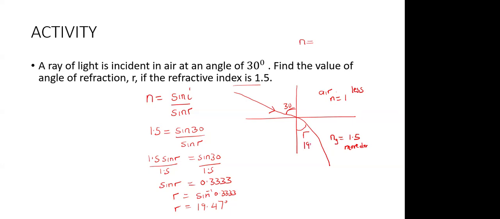So that's why we have 19.47. If you ever get an answer, let me say 40, it means you are wrong. Anything above 30 will imply that what you are doing is wrong. Because when light is moving from a less dense medium to a more dense medium, we expect the angle of refraction to be smaller, because its wavelength and speed have all reduced.